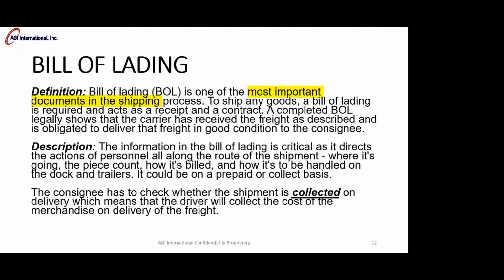The consignee has to check whether the shipment is collected on delivery, which means that the driver will collect the cost of the merchandise on delivering freight. And there's usually a document that he's going to sign off that says that the material delivered arrived and was delivered in good shape. And if you find something that's not right, on that bill of lading is where you get the document, if things are broken or didn't arrive as planned.